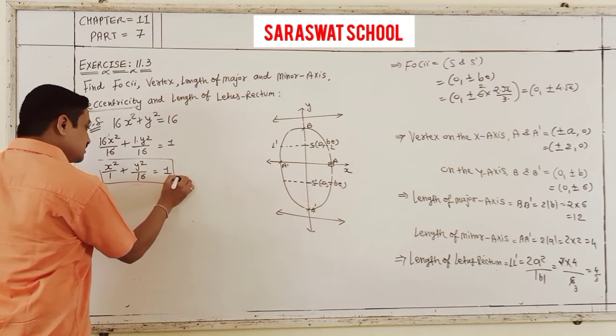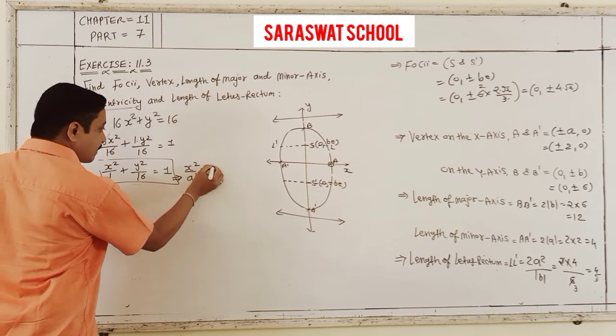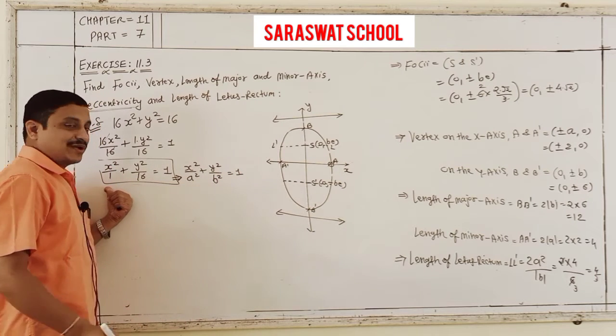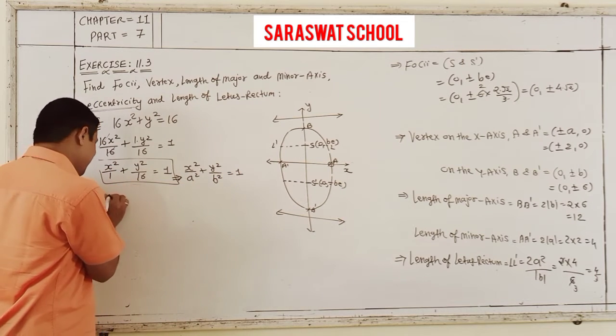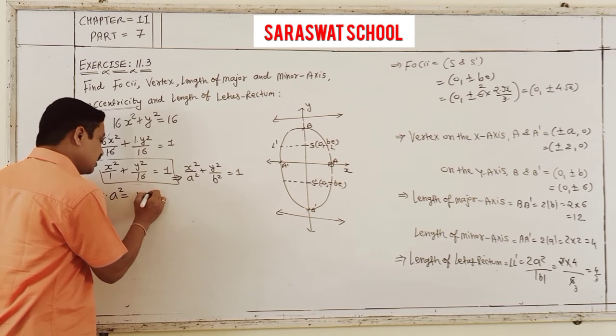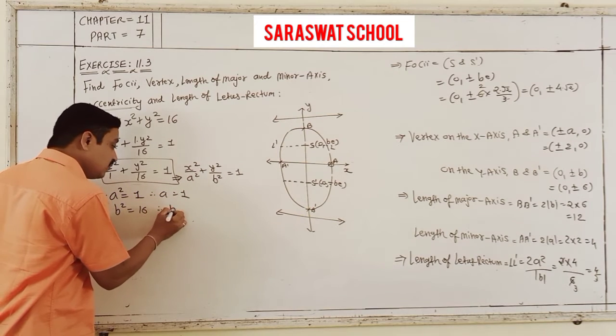Here check the standard equation: x square by a square plus y square by b square is equal to 1. Check. A square is 1, that's why a becomes 1. B square is 16, students, b becomes 4.